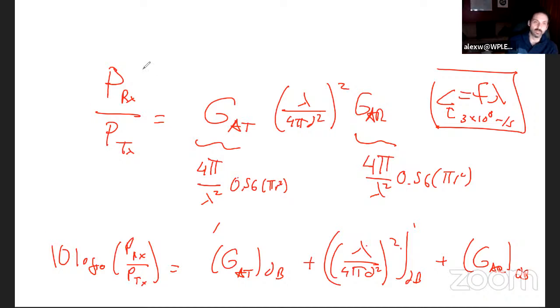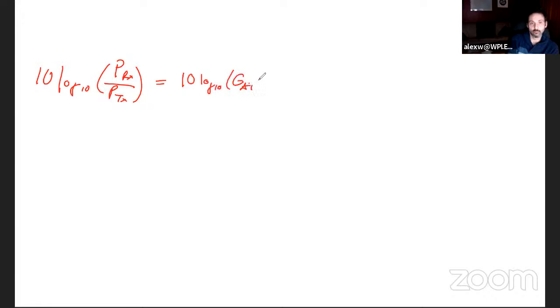So what this would look like is, let's say we do 10 log 10 of the gain term, and that's usually quoted. Then 10 log 10 of the transmit and receive antenna gains, which is something within our control. As engineers, we can design that.